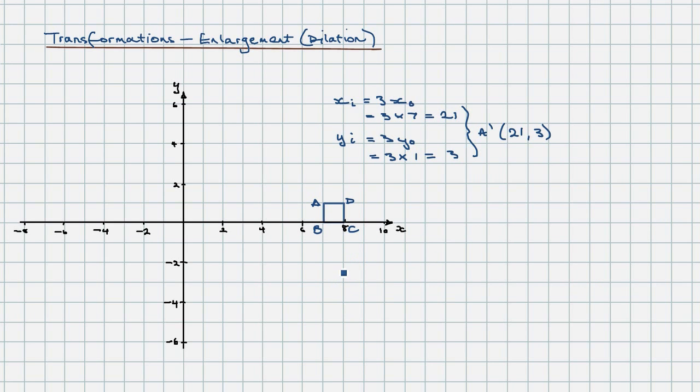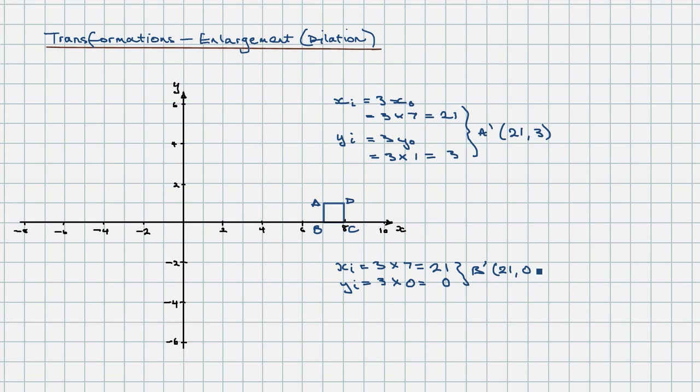So very simple, very straightforward, and we can do that for all the other coordinates as well. So we can say that the x-coordinate of the image for B is going to be 3 times the x-coordinate of B, which is 7, so 21 again, whereas the y-coordinate of the image is going to be 3 times, well, the y-coordinate is now 0. So it's going to be 3 times 0, which is 0, giving us B prime at 21, 0.